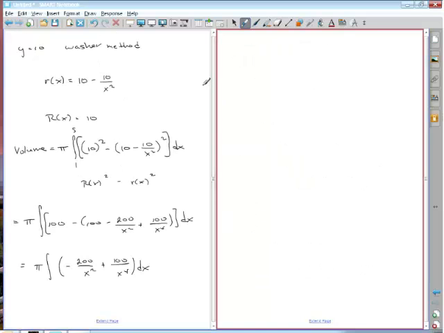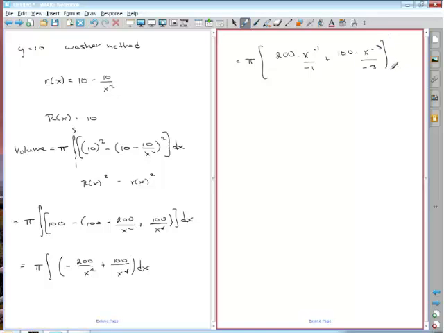And now we'll integrate. When we integrate, this will be x to the minus 2 power, so we'll get x to the minus 1 divided by negative 1. The second part, we'll have 100 times x to the minus 3 power over negative 3, because we're adding 1 to the exponents.